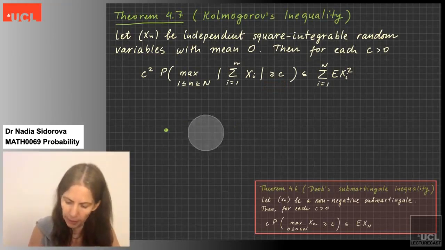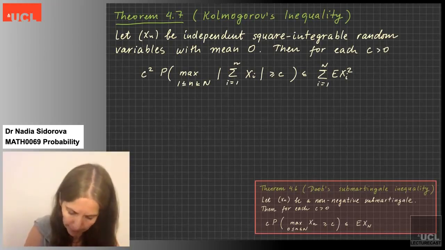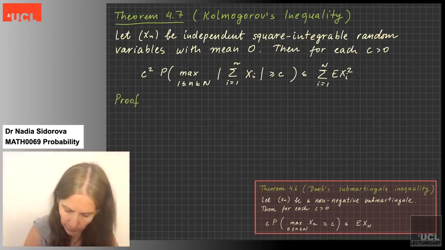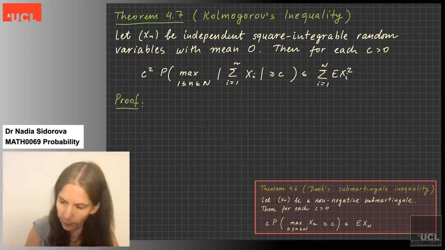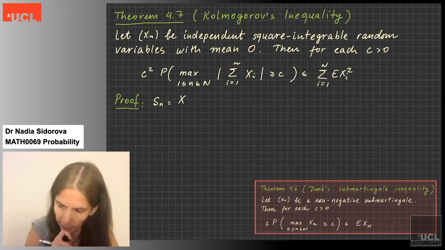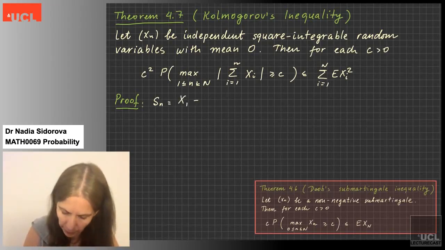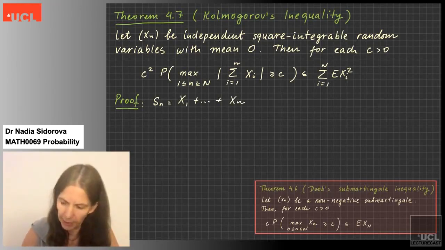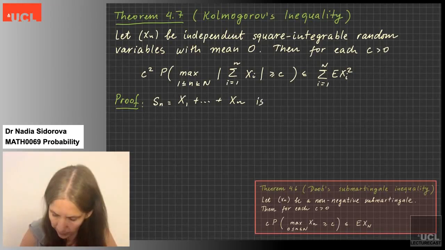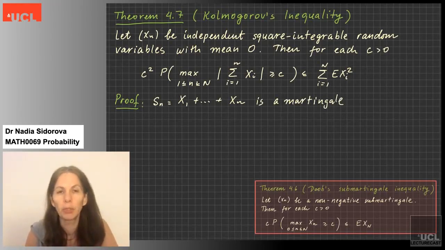Okay, so let's do the proof. So I will denote by Sn the sum of the first n random variables. Now, I claim it is a martingale. This is very simple. It is integrable because all my random variables are square integrable.